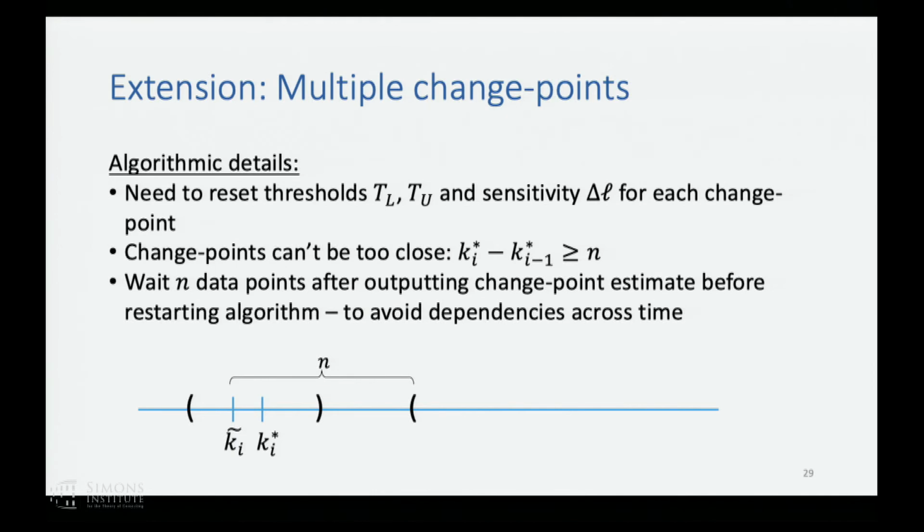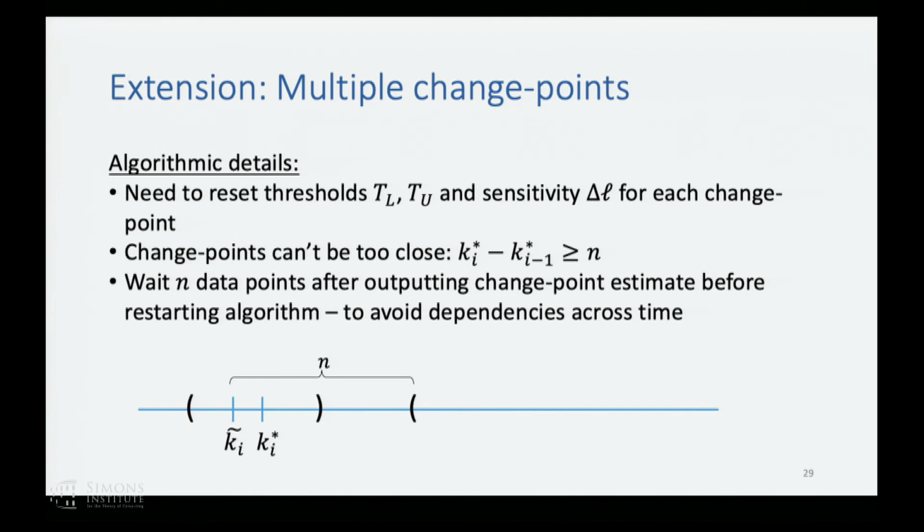Some important details, because I don't want to say that it was just an immediate application. In fact, there was a lot of math under the hood. So we have to reset our thresholds and our delta L every time, because we have different distributions every time. And so you have to reset these like you would for a single change point between time I and time I plus 1.